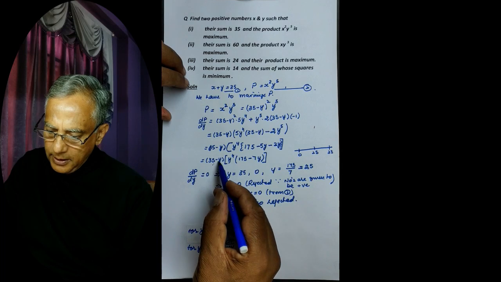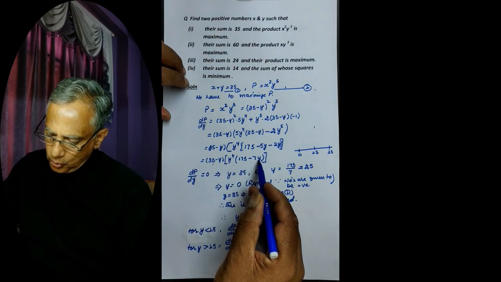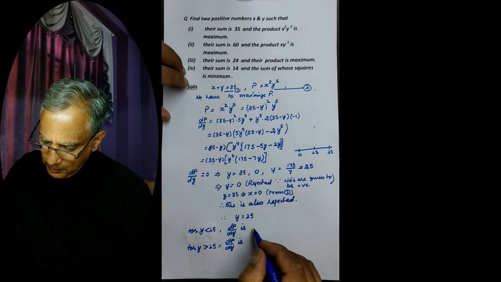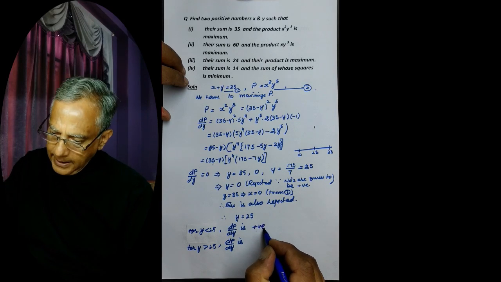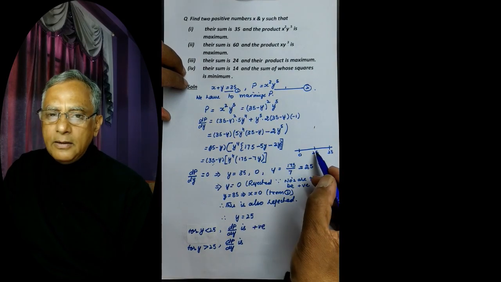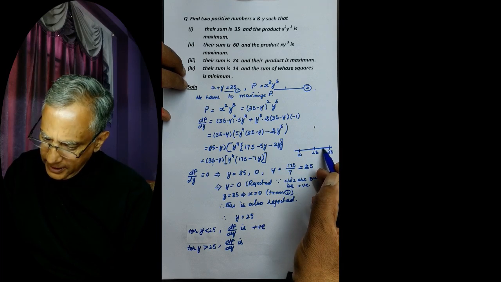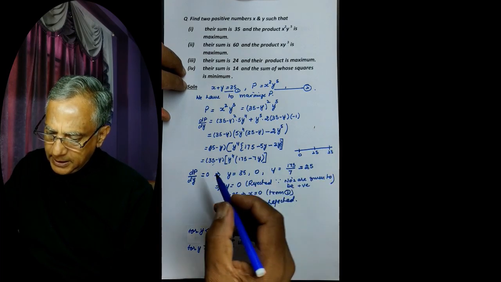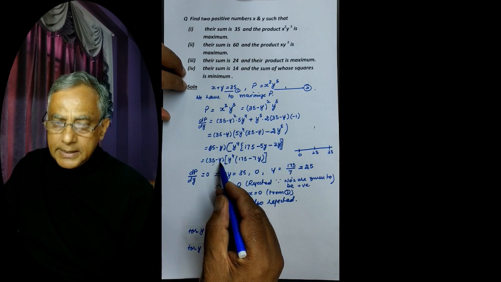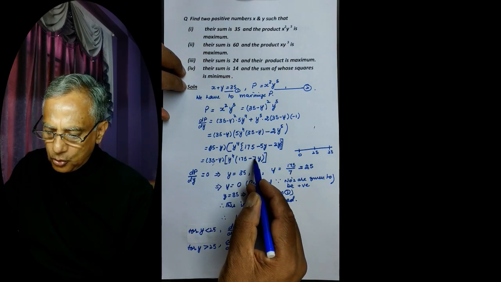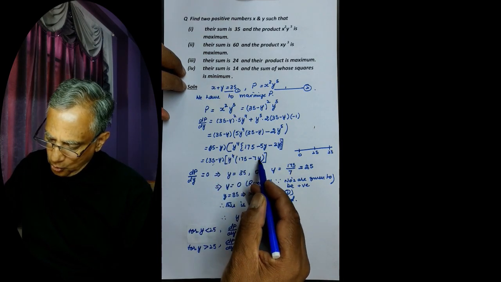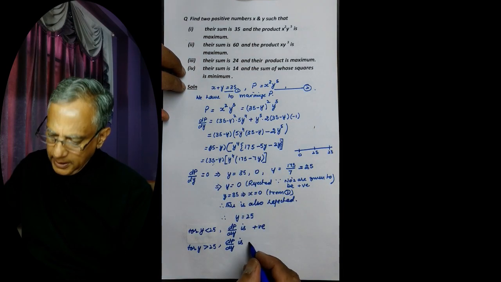At 10, this is positive, this is positive, 10 into this is positive. So this is positive. And in the interval between 25 and 35, we can take any value, let it be 30. At 30, 35 minus 30 is positive, this is positive, and 175 minus 30 into 7, that is 210, is negative. So this is negative.